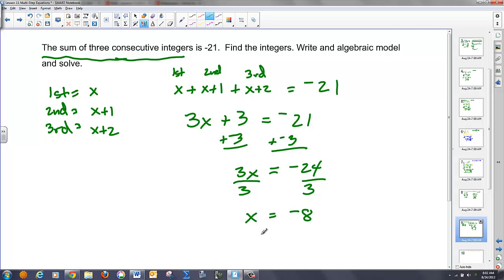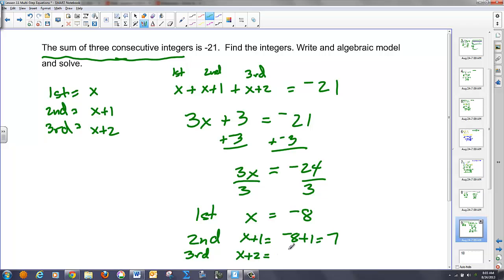Now the problem asks me to find 3 consecutive integers. So my x is my first, and that's going to be negative 8. My second is equal to x plus 1. So what I have is negative 8 plus 1, which is negative 7. And my third is x plus 2.